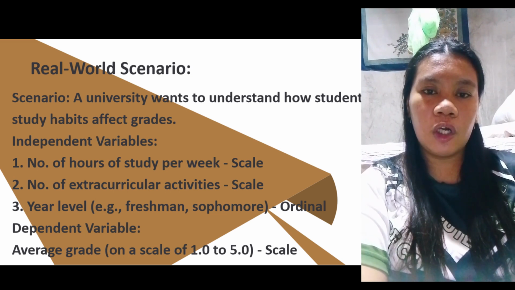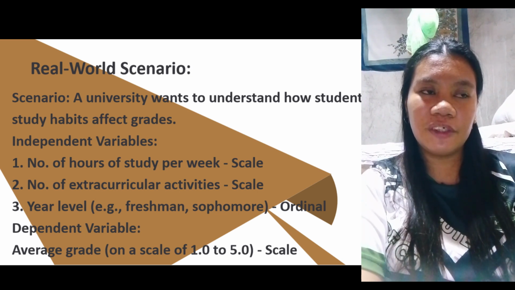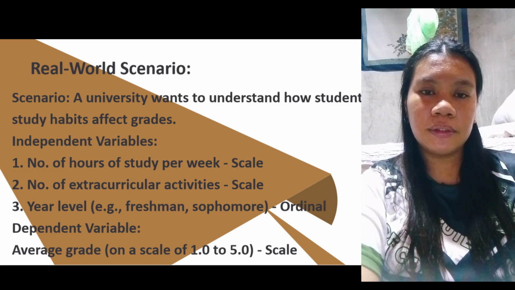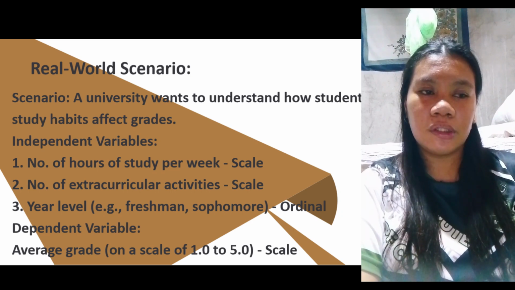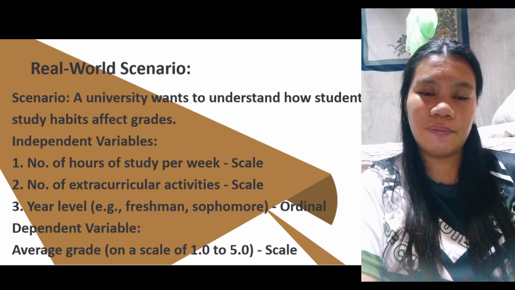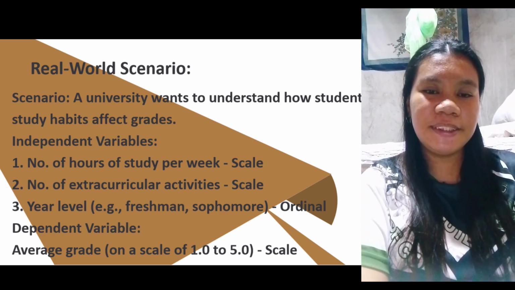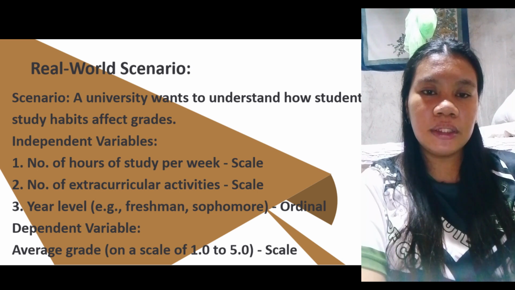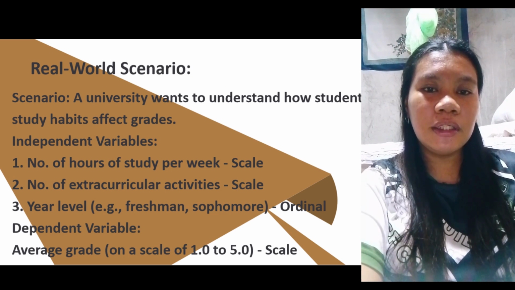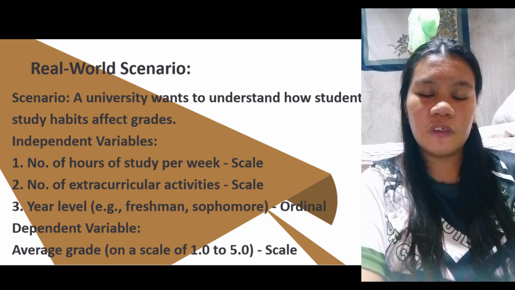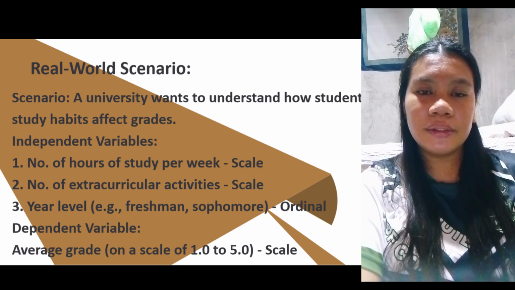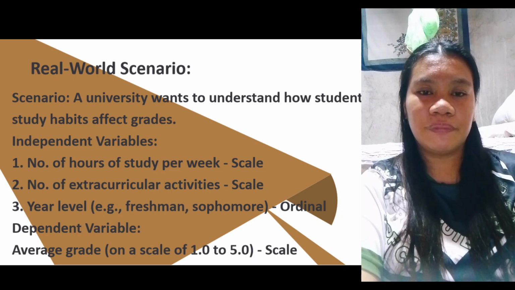Number two, the number of extracurricular activities, for example, joining several activities like sports fest, intramurals, and many more. Number three, year level: freshman, second year, third year, and fourth year.